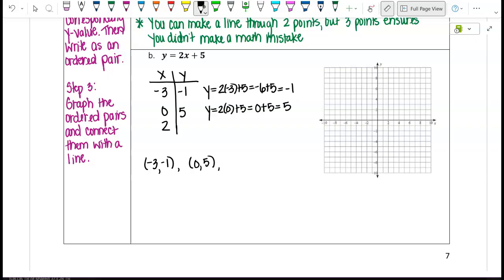And then the third, I'm going to substitute in 2. So 2 times 2 plus 5 gives me 4 plus 5 equals 9. So 2, 9.